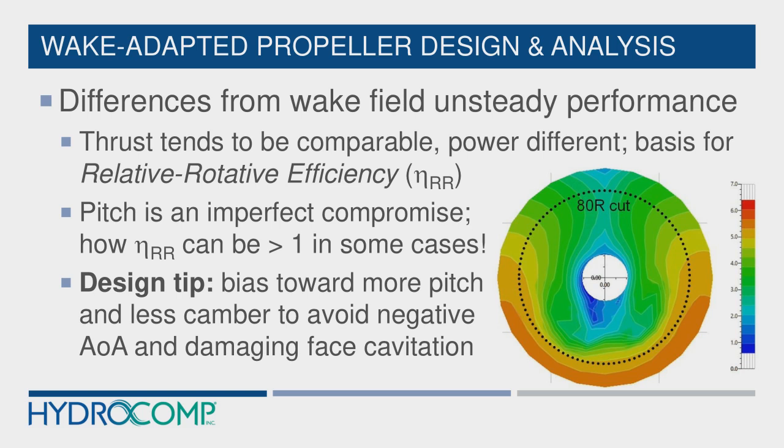Now, pitch in a wake adapted steady calculation is an imperfect compromise. It's sometimes hard to wrap your head around this notion, but we see for single screw merchant ships, for example, relative rotative efficiency can be slightly more than 1, by 1 or 2%.